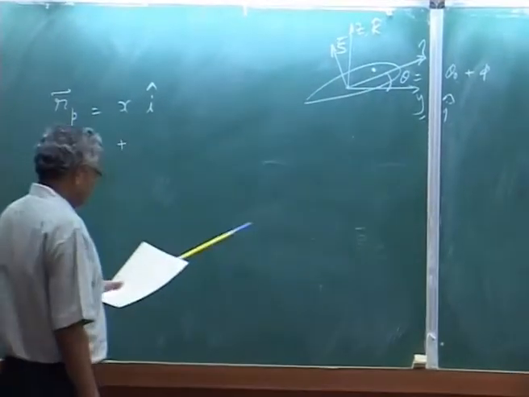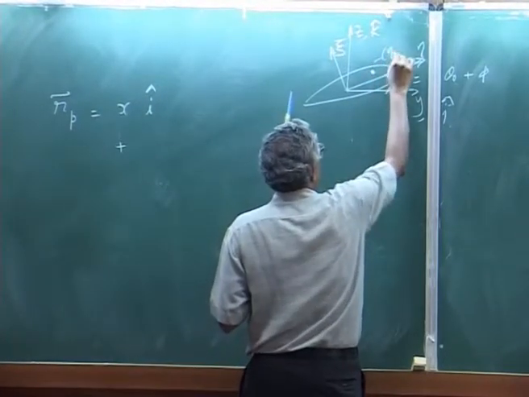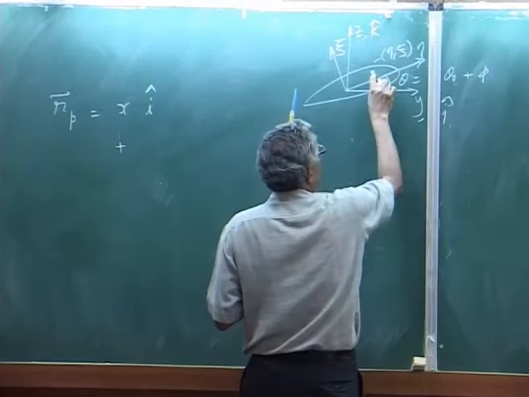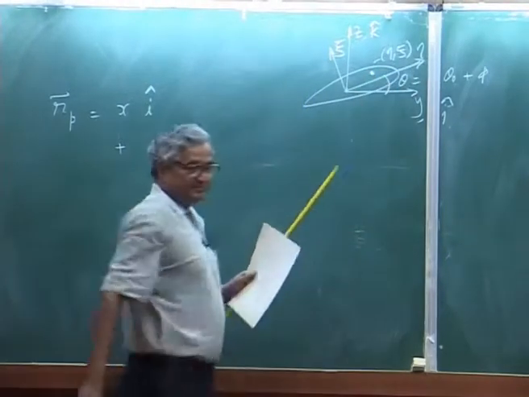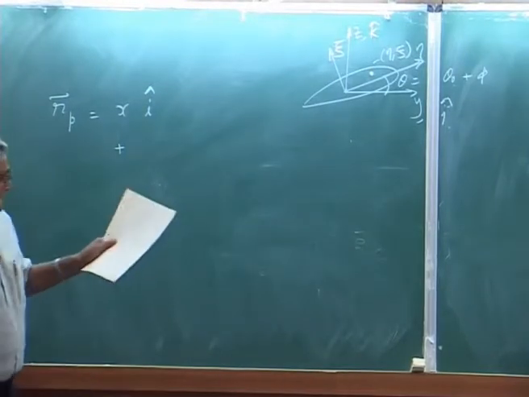Okay. And this point is eta, xi, that is this point. I am keeping the cross sectional coordinate system. Okay.